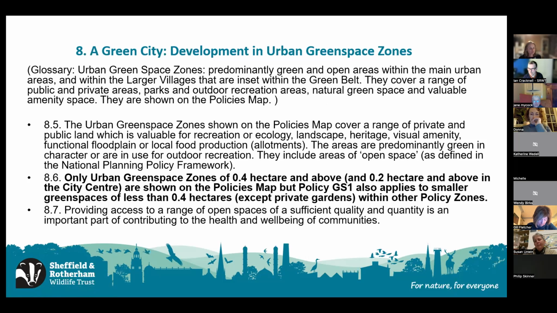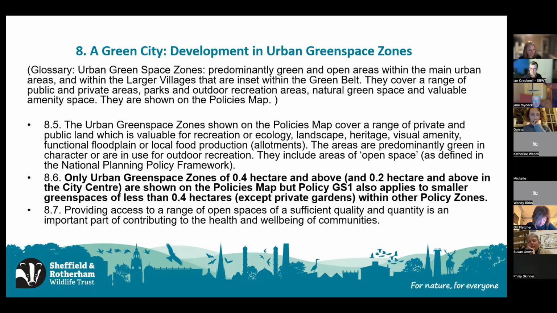And actually, though, this is quite interesting. I've highlighted it. It's saying that only urban green space zones of 0.4 hectares and above are shown on the policies map, and 0.2 of a hectare in the city centre, because that's more zoomed in. But the policy GS1 applies to the smaller green spaces as well. So it actually seems to apply to all green spaces apart from private gardens.